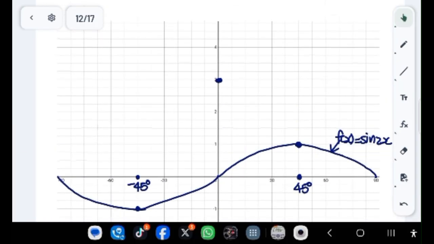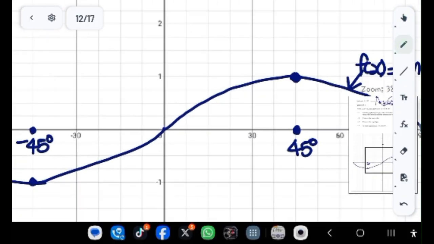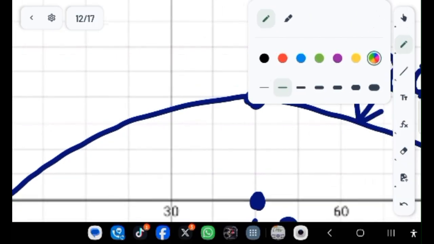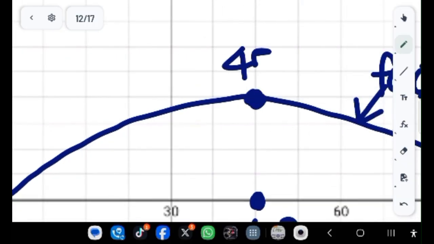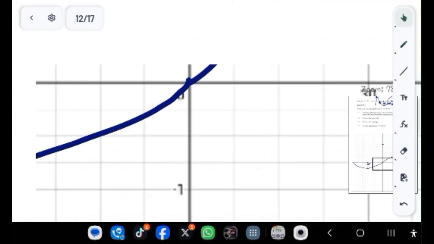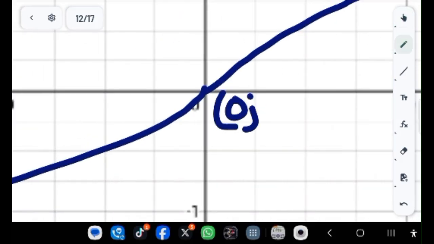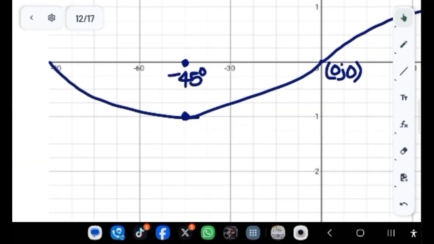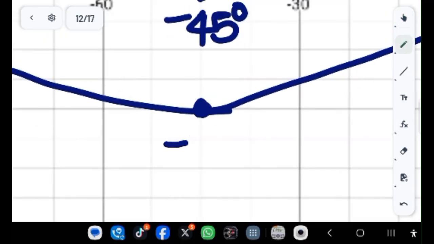Let's just label this graph 45 degrees, 1. All right, 0, 0. And that will be negative 45, negative 1.